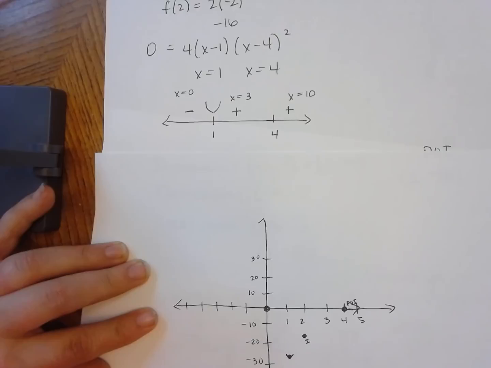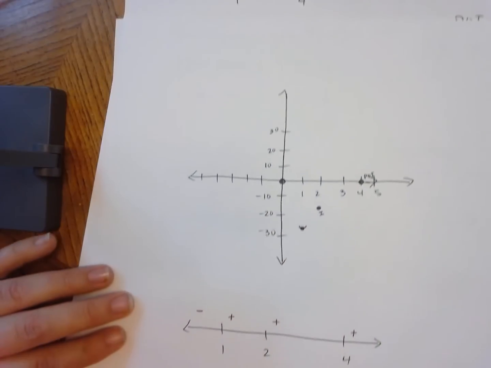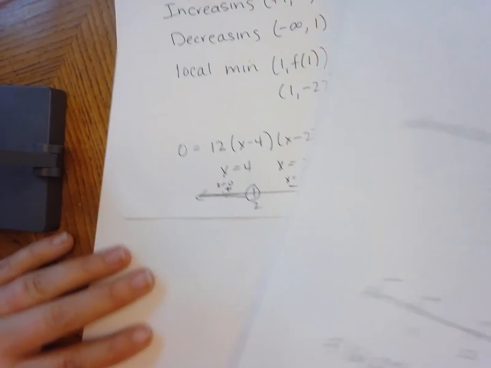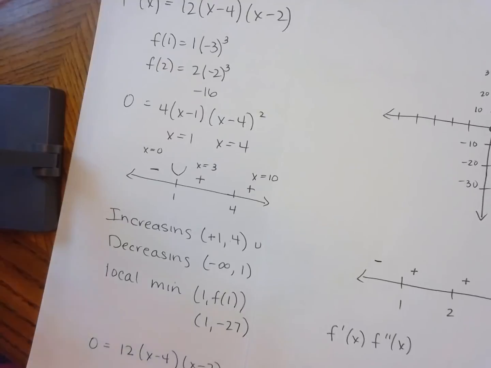So my first derivative here is negative, and it changes sign at 1, so on the other side it becomes positive. And then over here at 4 it's also positive. So actually it doesn't change here. So my first derivative is negative, positive, positive, positive in each one of these intervals. Okay, so this is what I put. Let me write them side by side here. Maybe that's a little bit easier.